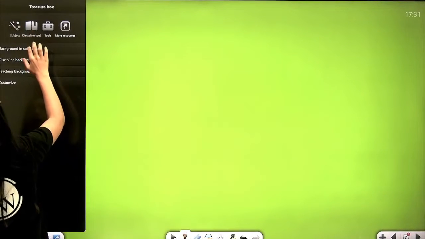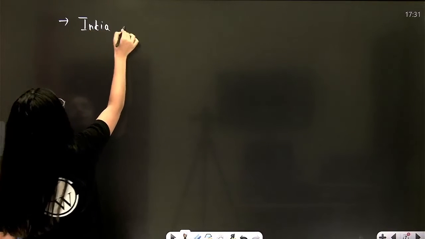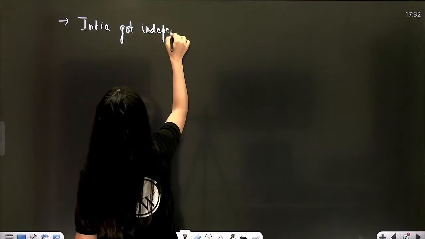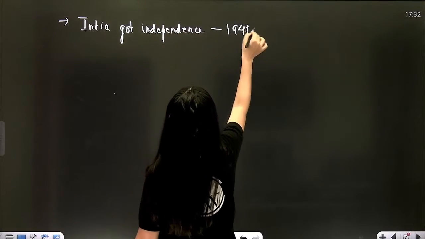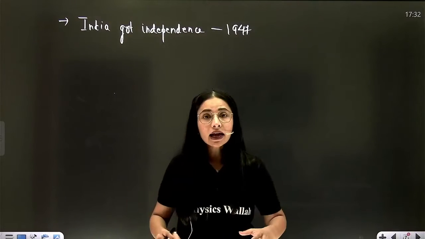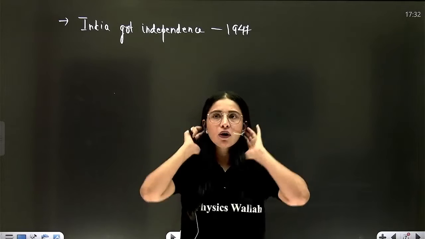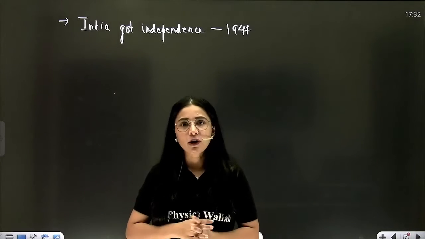Now some theoretical things you have to do, beta. Now you know India got independence during 1947, right? At that time, population was exploding. When India got independence, people were very happy and they were increasing the Indian population.